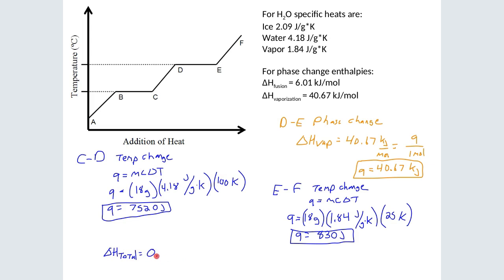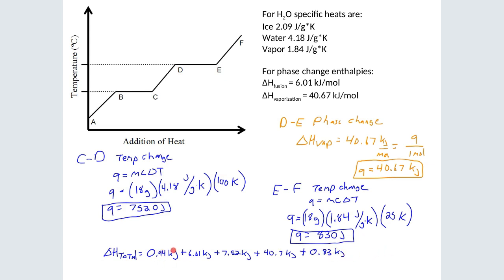All right, so we had 0.94 kilojoules for the first segment, plus 6.01 kilojoules for the second one, plus 7.52 kilojoules for C to D, plus 40.7 kilojoules for the D to E. And then finally, we had 0.83 kilojoules for the last segment.